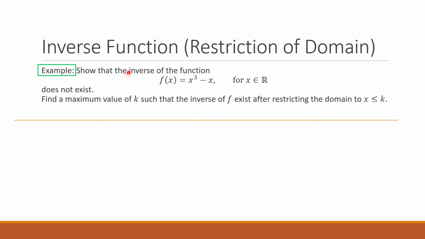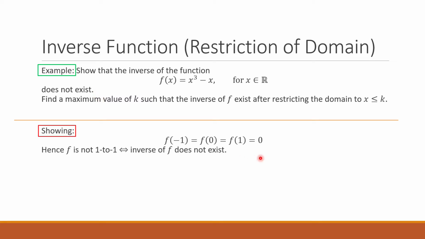For this question, we have the function f(x) equals x cubed minus x. Let's focus on the first part. We are supposed to show that the inverse does not exist. To show this, I can make use of the horizontal line test, but in the opposite way.